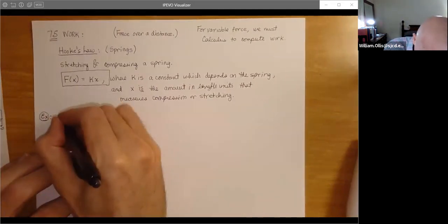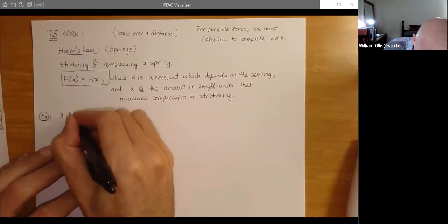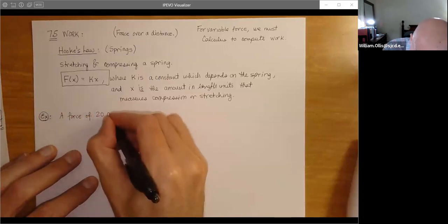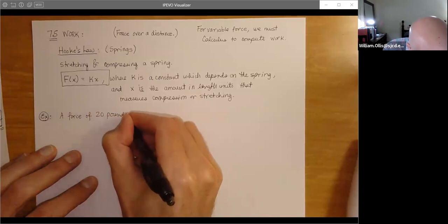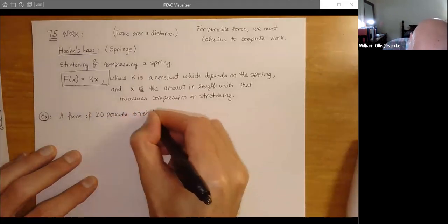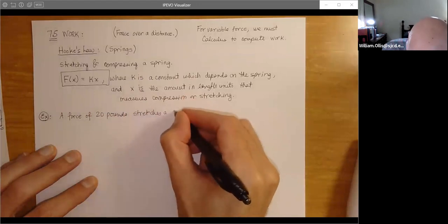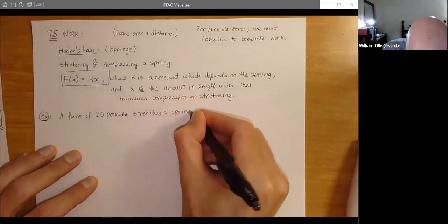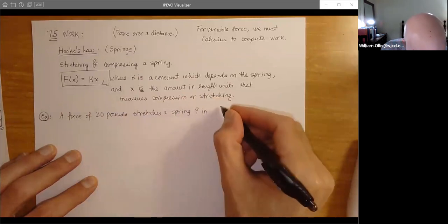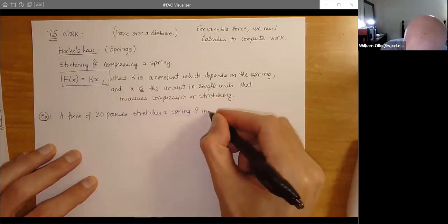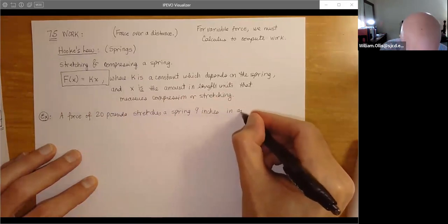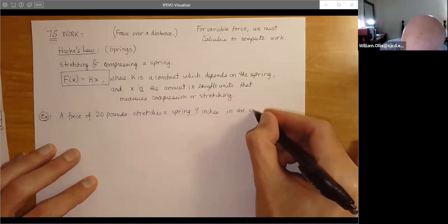So here's an example. A force of 20 pounds stretches a spring 9 inches, and I'll go ahead and write this out, 9 inches in an exercise machine.